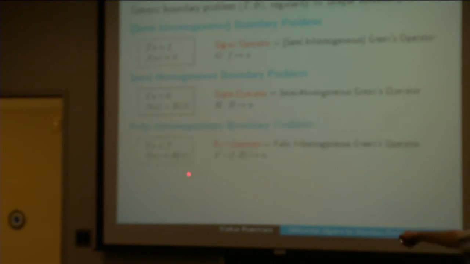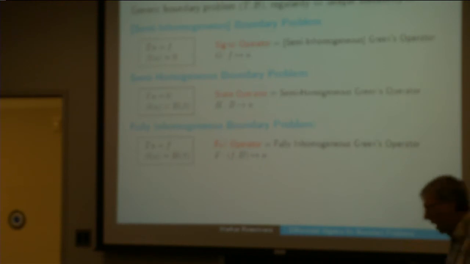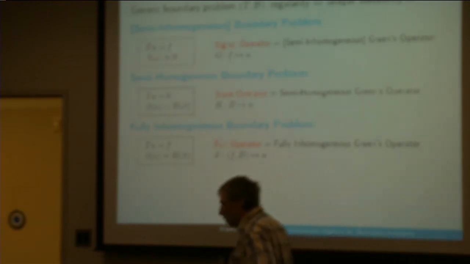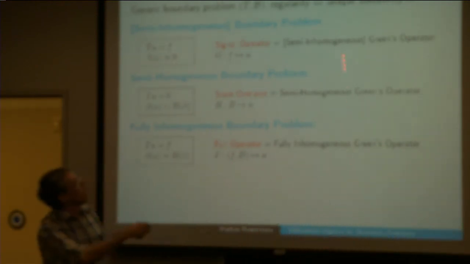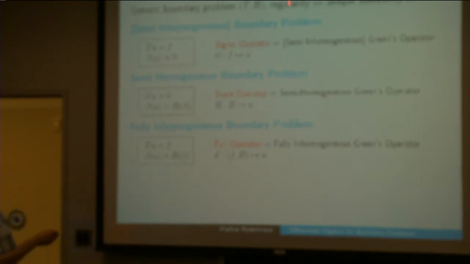You can also do both at once. Yeah? The fully inhomogeneous problem will have a forcing function and boundary data, and then what you map is a pair f and b, forcing function and boundary data, to U. And again, this is uniquely solvable if and only if any of the others are uniquely solvable, and in particular, if and only if the generic boundary problem in the abstract sense is a regular problem.